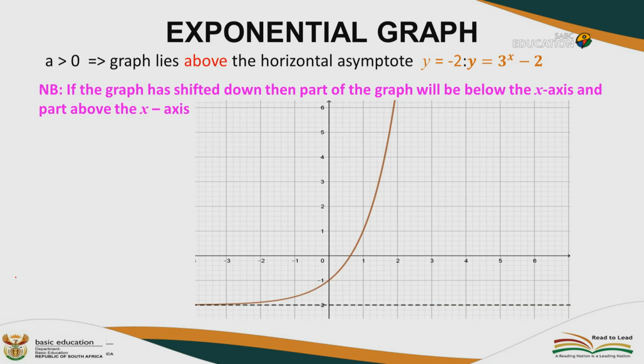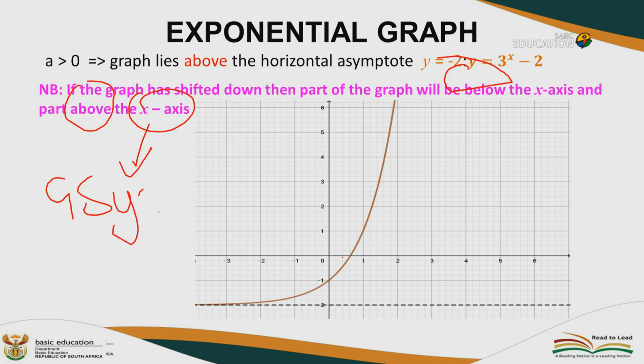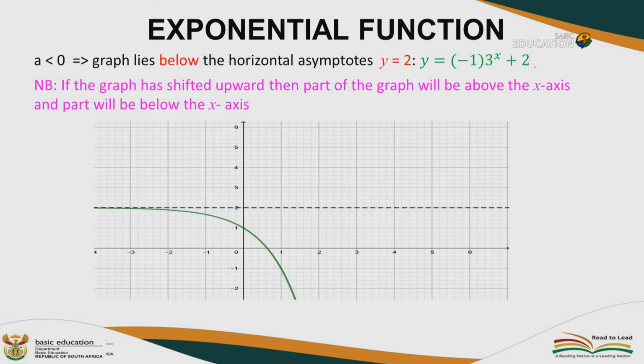Now, when it has shifted up and down, remember, part of the graph will be above, part of the graph will be below. So if the graph has shifted downwards, what will happen? Part of the graph will be below and part of the graph will be above, but not the x-axis. Remember, here is the asymptote. So it's above the asymptote. When it's negative, remember, it's below.